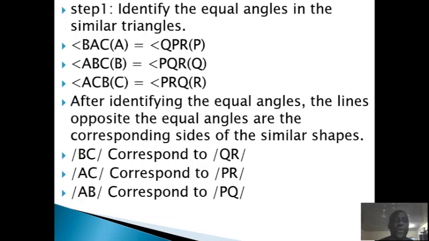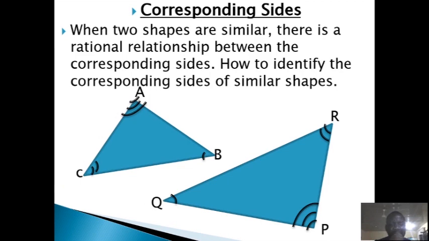So angle C is equal to angle R. So line AB will correspond to what?